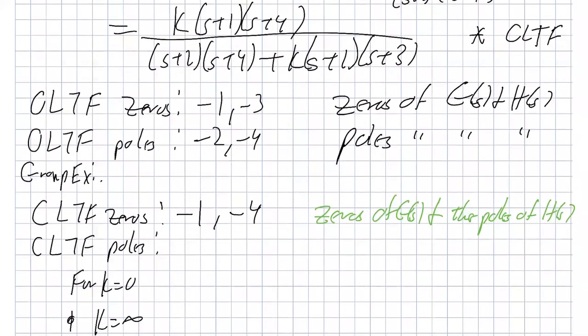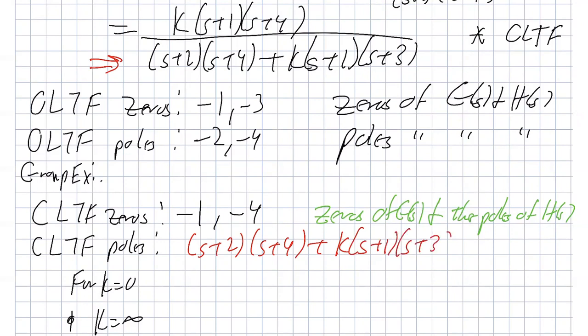Now to calculate the closed loop transfer function poles, we use the denominator: s plus 2 times s plus 4 plus k times s plus 1 times s plus 3.